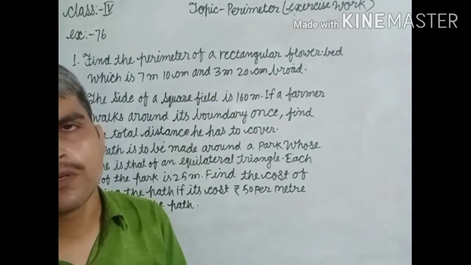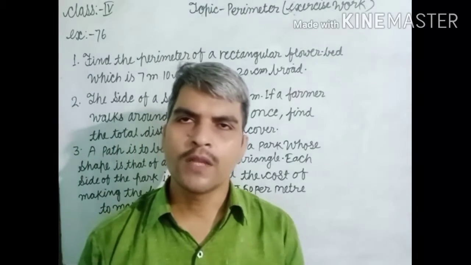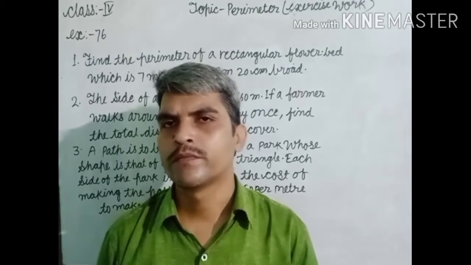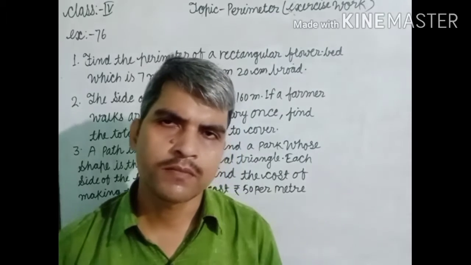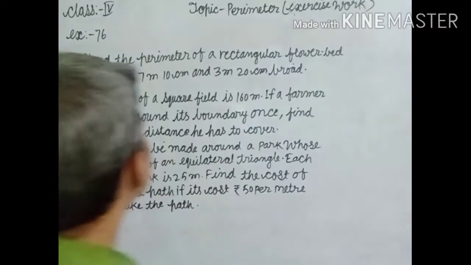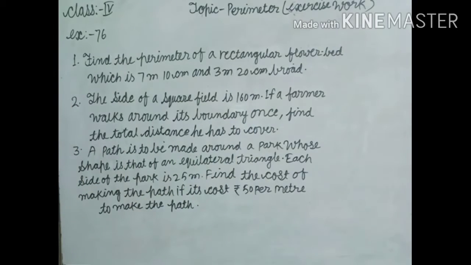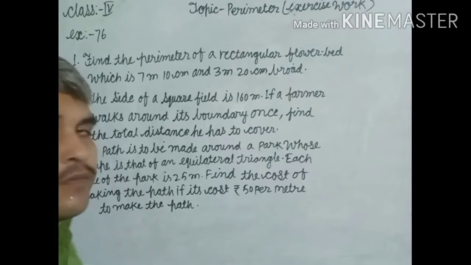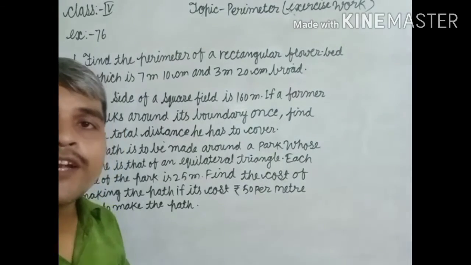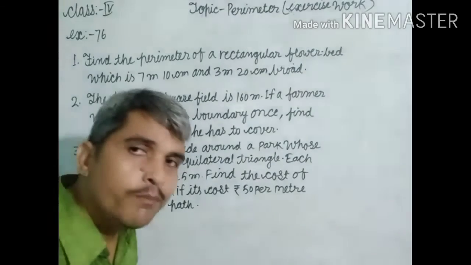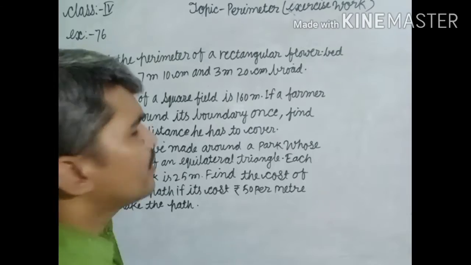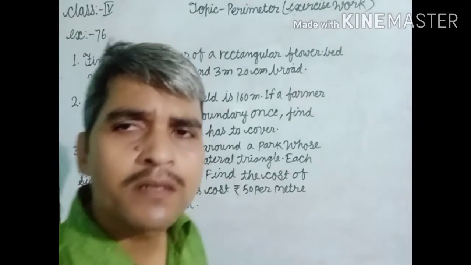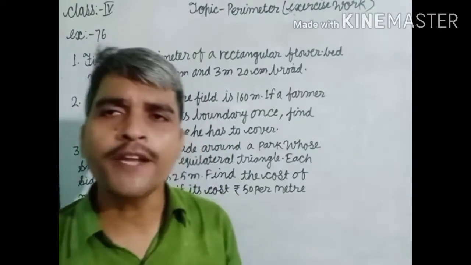How to find out? That means add the total length of the boundary. You find out the perimeter. You see the questions. In the first question, find the perimeter of a rectangular flower bed. Which type of bed? Rectangular flower bed. Rectangular flower bed means length and breadth are given in the data.